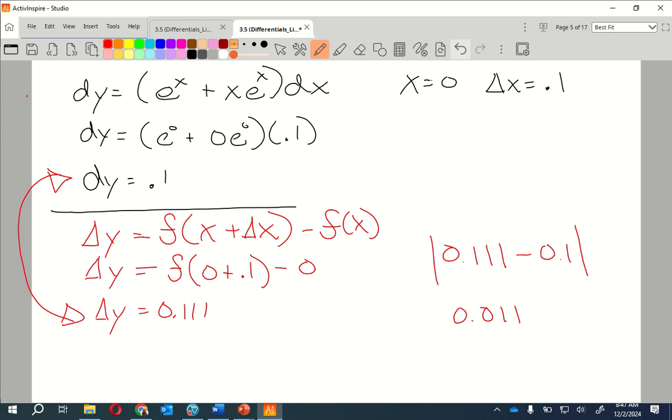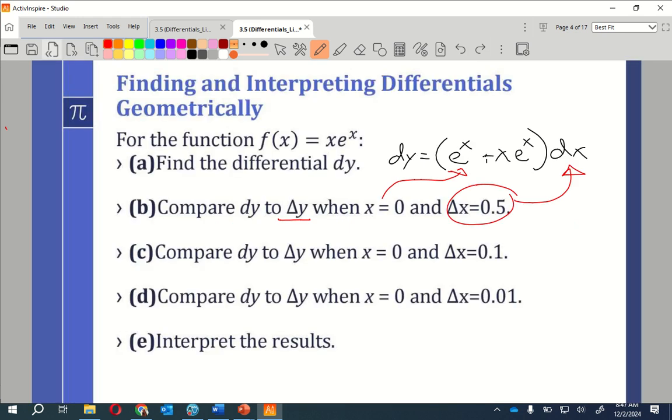Okay, let's do the last one then. Compare these two, x equals 0 and delta x equals 0.01.